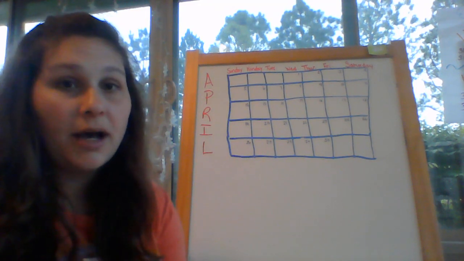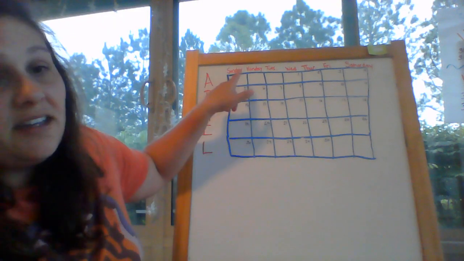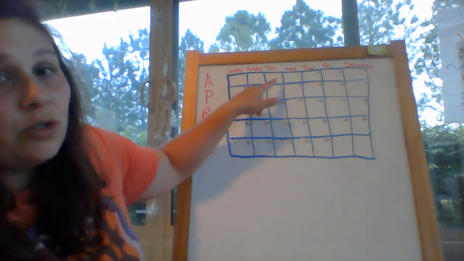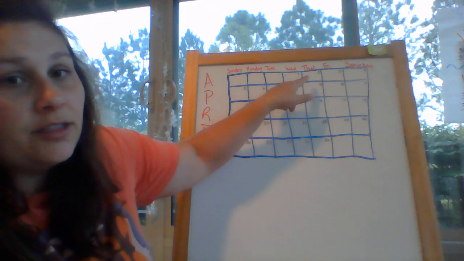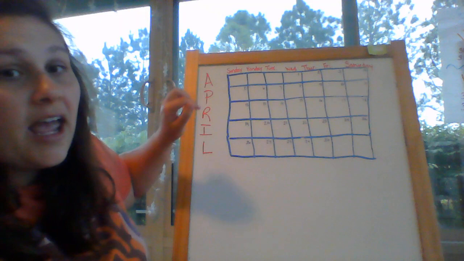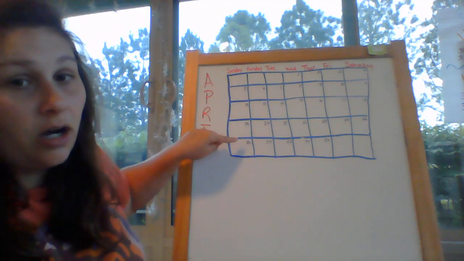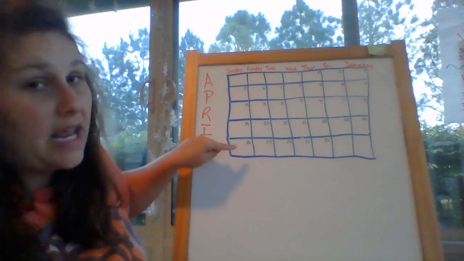But I've written them up there because I just simply couldn't fit the whole word. So I've got Sunday, Monday, Tuesday, Wednesday, Thursday, Friday, Saturday. And every single date that falls in the column is on that day.